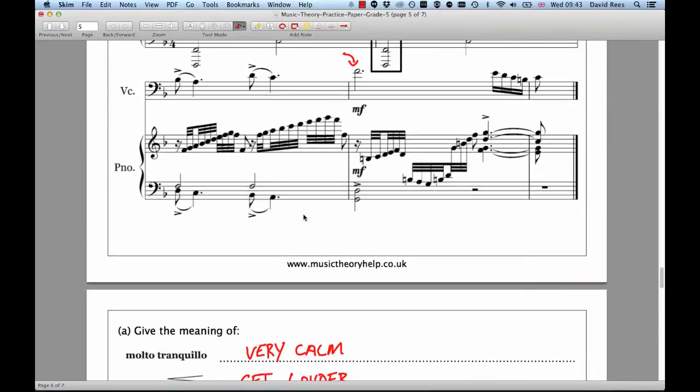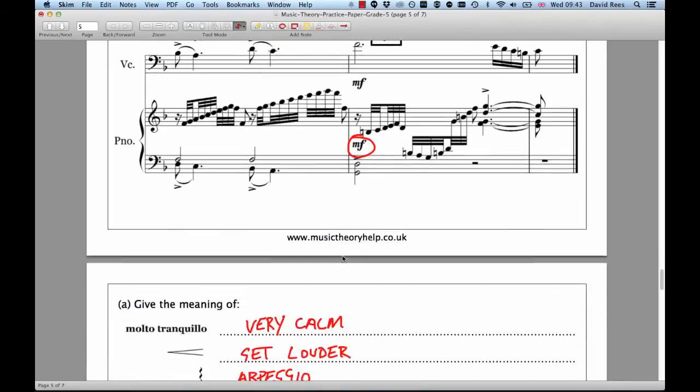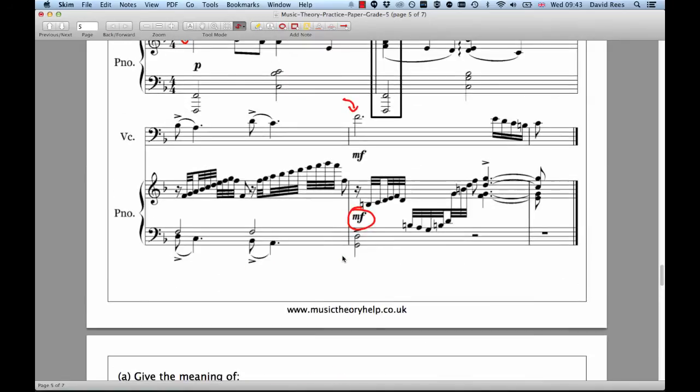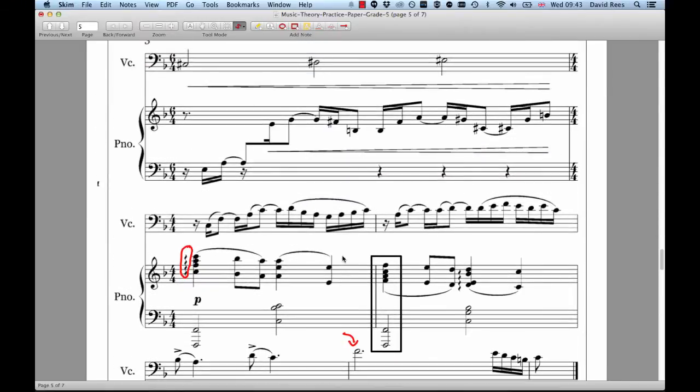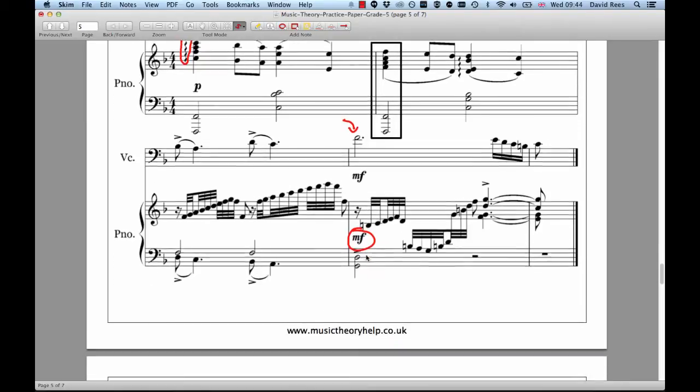And finally it's asking us for the meaning of MF, which we see, where do we see MF? Here we go, at the end. MF is here, and this is just a dynamic marking. It's just telling us we've had this crescendo, so we've had a building of the dynamic level, and then the music goes down again in level, and then as we build through here, as I said, I think this is probably quite an important moment in the piece, both because the cello has got to a very high note, but also because the composer has told us this music should be a bit louder at this point, and it should obviously be maybe just stronger and more forceful than it has been up to that point.